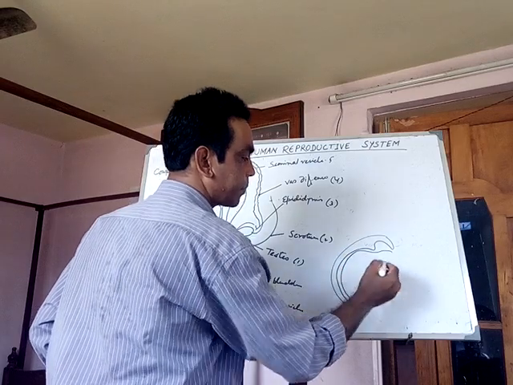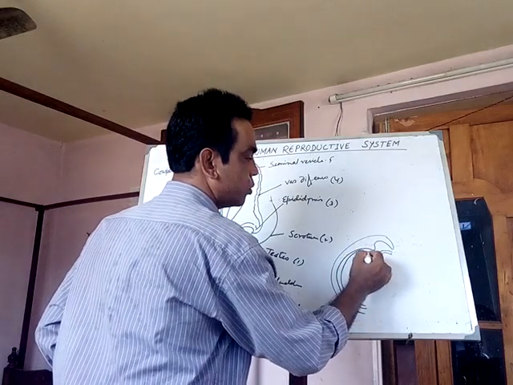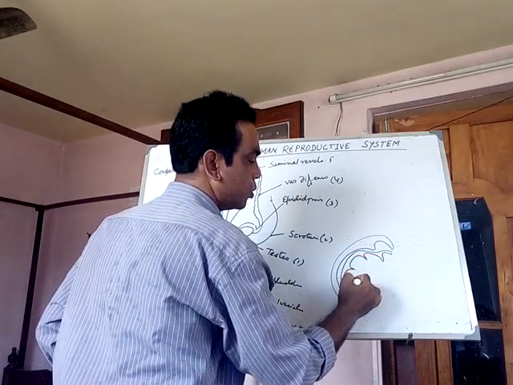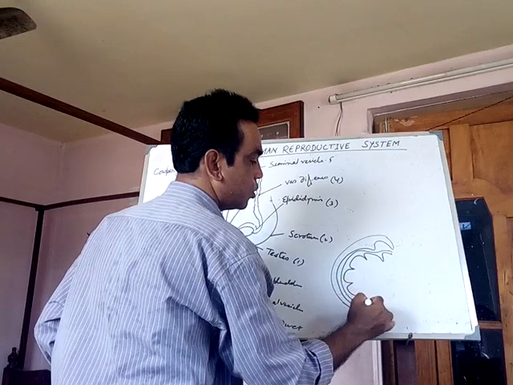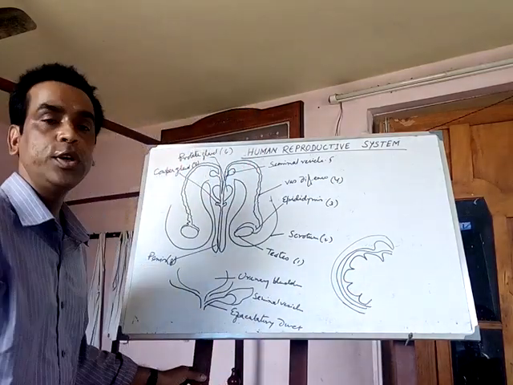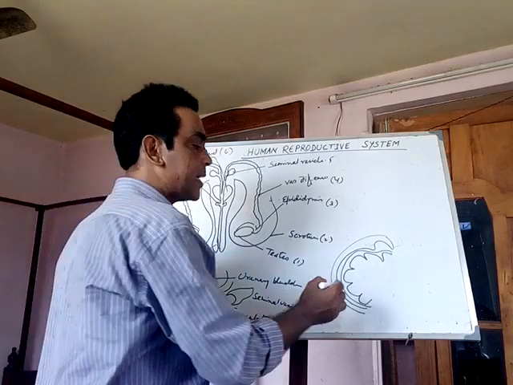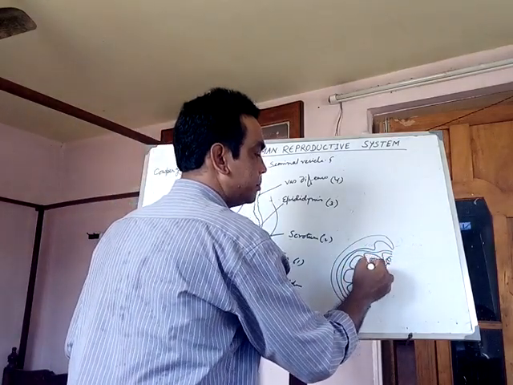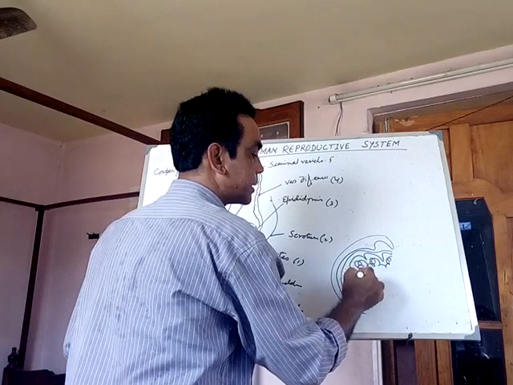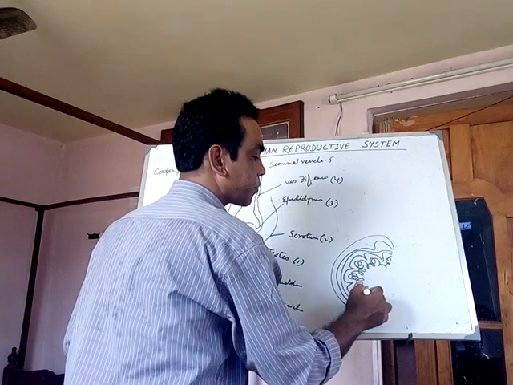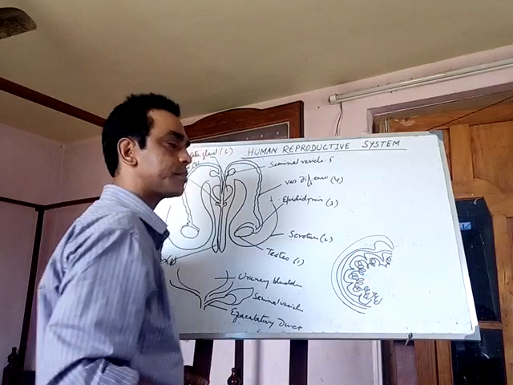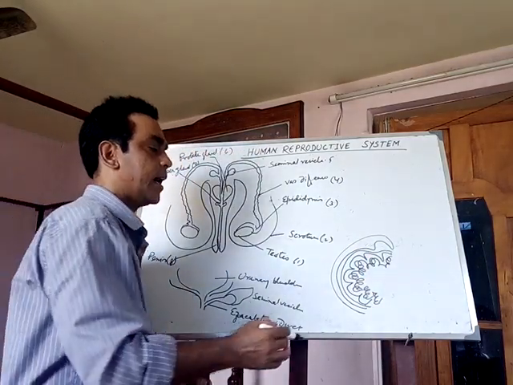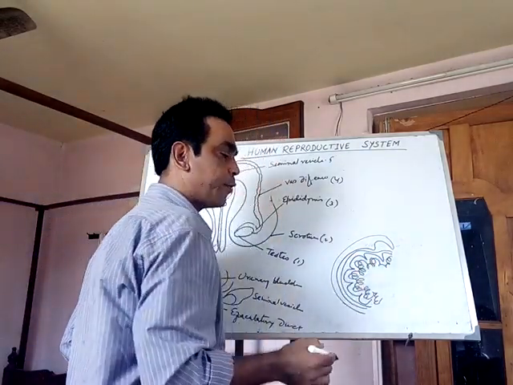The tunica albuginea divides into some lobules, a cage-like structure, and all the tubules are found in this part.